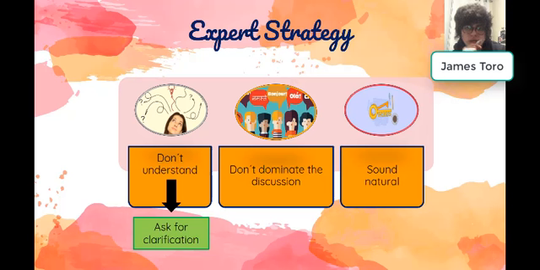You have to agree or disagree with your partner's ideas as well. Another important strategy is to not dominate the discussion. Listen to your partner's opinion and ask questions or give follow-up comments. And finally, take the opportunity to use a wide range of language, but try to sound as natural as you can.